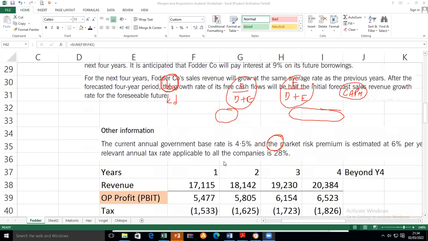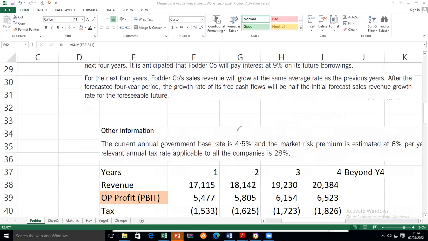The other clue was in the information given, where they're giving you the government base rate, and what else? Market risk premium. So with this, it confirms that the approach we are going to use is the capital asset pricing model.